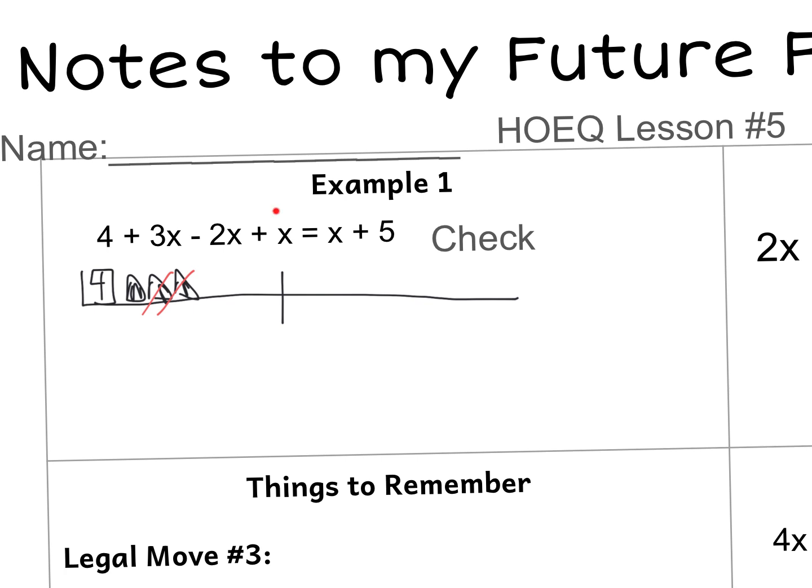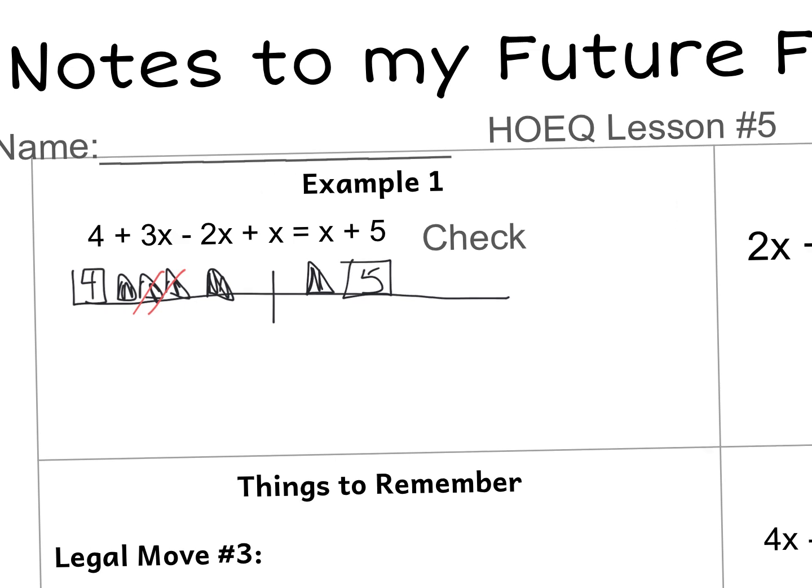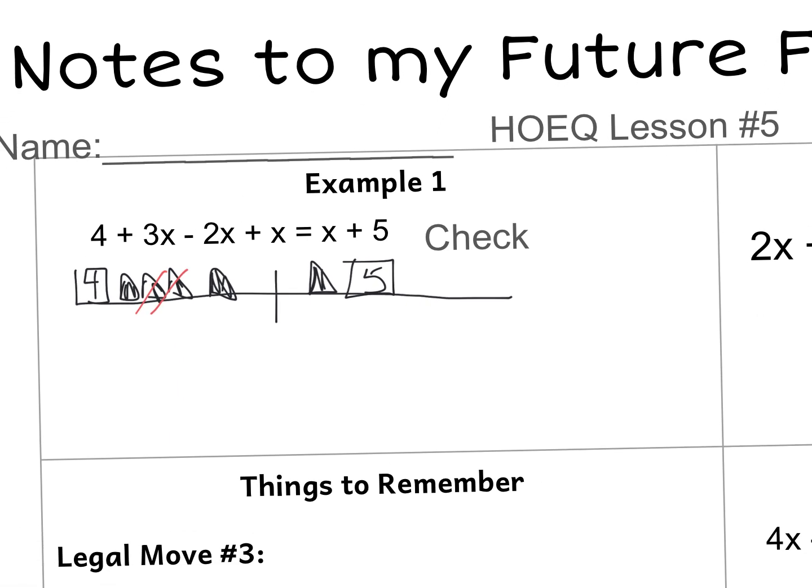Now I'm going to continue on with the rest of my problem, which is plus x, so it's going to add another triangle. And then on my other side, I'm just going to have a triangle and a block of 5. The thing that makes this different is the fact that here we are taking off triangles on only one side because it's part of making our equation balanced.